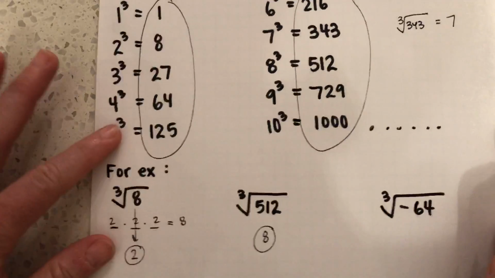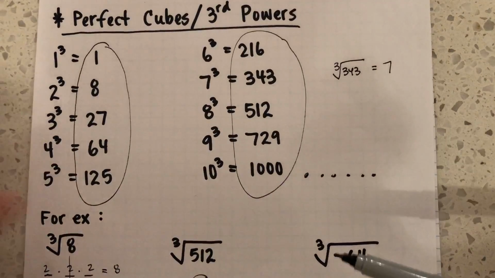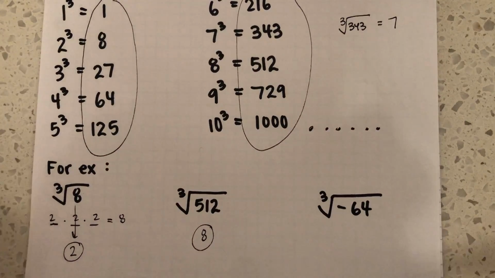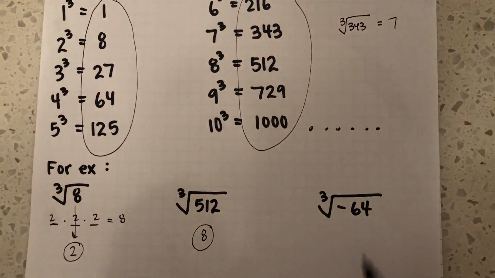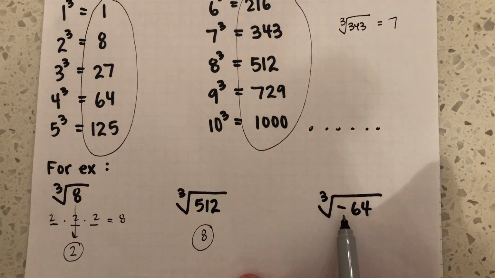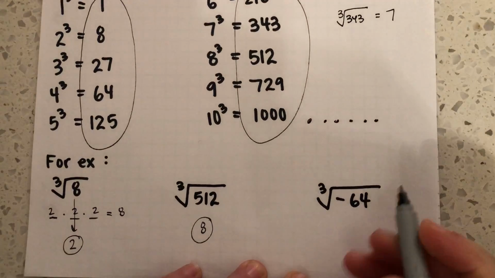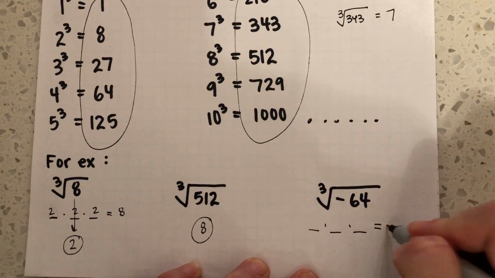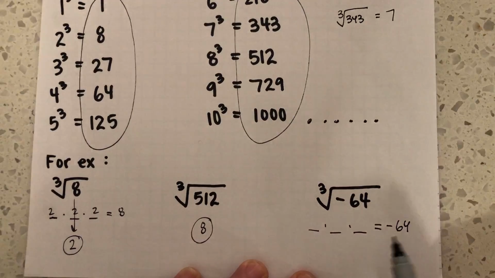Now look at this. When we were dealing with square roots, you weren't allowed to take the square root of a negative number and get a real number answer. That's because nothing squared equals a negative number. But if you're asked the third root of negative 64, think about what you're being asked: what times itself 3 times ends up equaling negative 64?